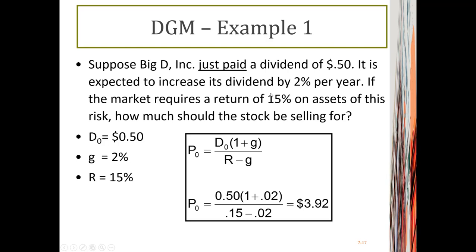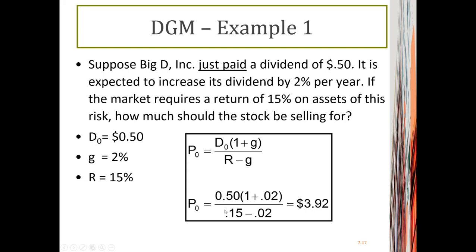Here you need to be very careful distinguishing the difference between D0 and D1, because in the equation we essentially need D1, and this D1 can be estimated based on D0: D1 equals D0 times 1 plus G. So in this case, D1 equals 50 cents times 1 plus 2%, and R here is 15%, and the 2% is the growth rate. When we plug the numbers into the Gordon growth model, we get $3.92 as the stock price.